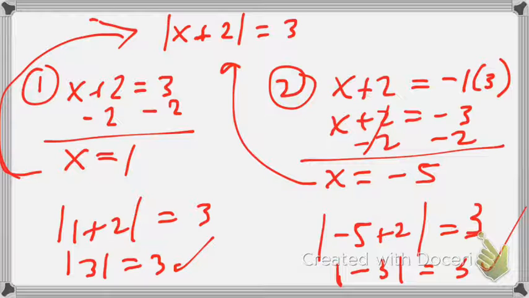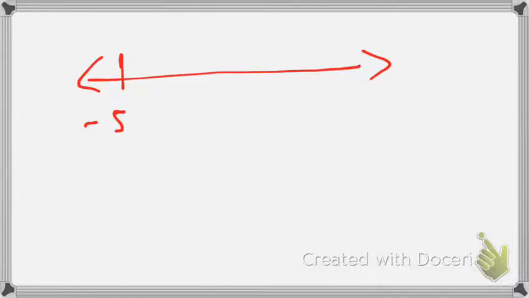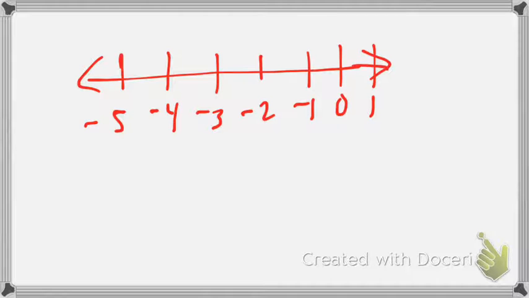And if we wanted to graph these solutions, we would just draw your number line. Alright, and we had 1 and -5, a dot on 1, and a dot on -5.